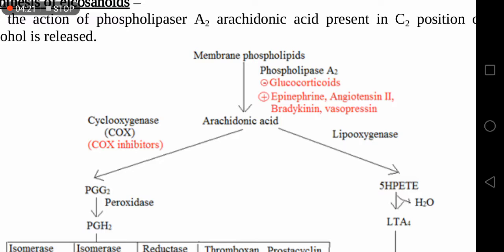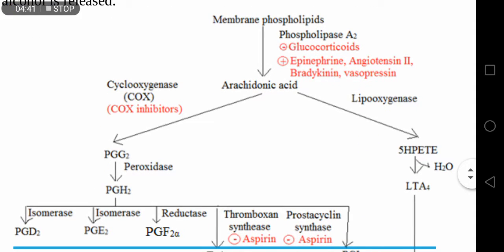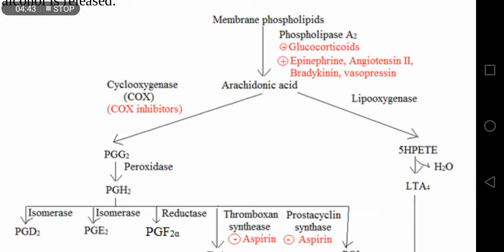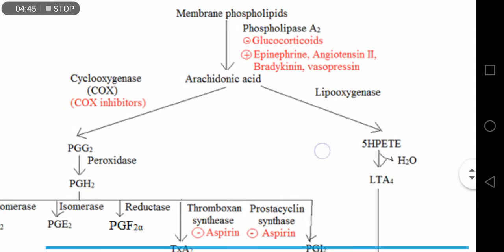First, membrane phospholipid releases arachidonic acid by the action of phospholipase A2. That is, phospholipase A2 breaks the ester linkage attached to the C2 carbon of glycerol and releases the fatty acid, that is the arachidonic acid.